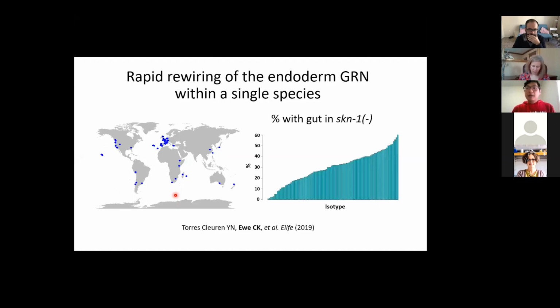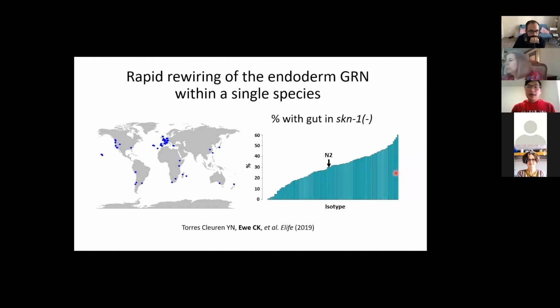In this experiment, we knocked down SKN-1 in 97 wild isolates and scored for gut differentiation in the absence of SKN-1, and observed broad variation. In some strains, SKN-1 is absolutely essential for gut development, and in other strains, the gut can largely specify and differentiate even in the absence of SKN-1.